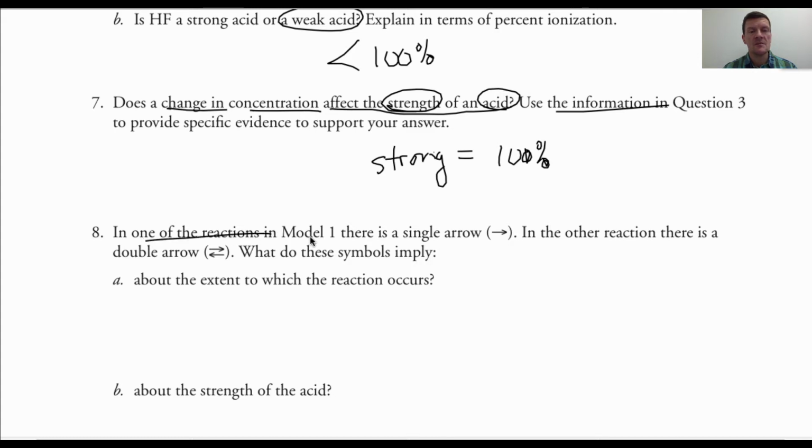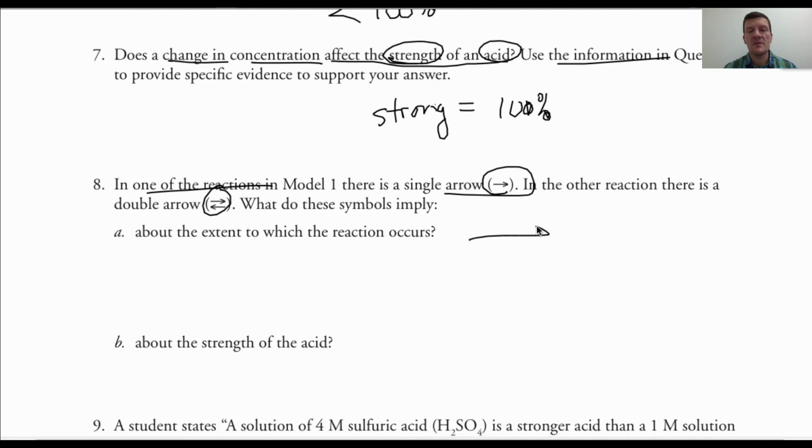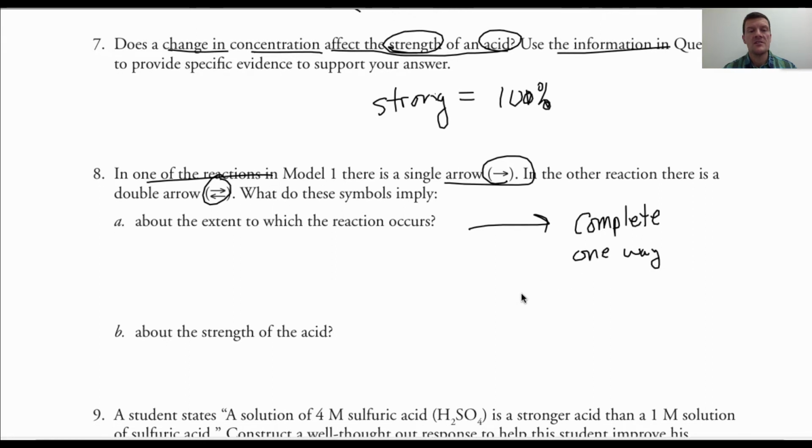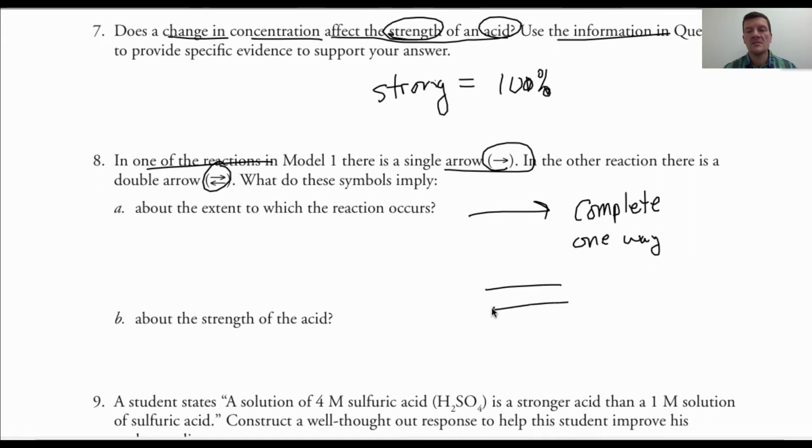In one of the reactions in Model 1, there's a single arrow. In the other reaction, there's a double arrow. So a single arrow means that you have a complete reaction. It goes only one way, one direction. Double means you have reversible, and that means it goes both ways.